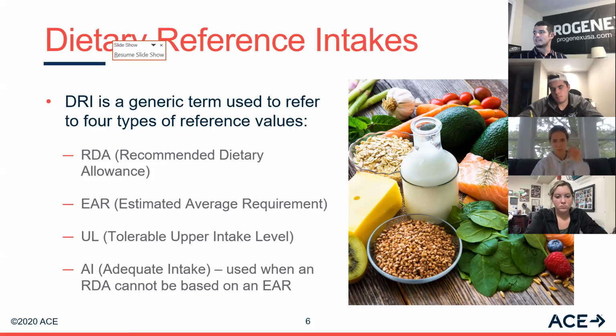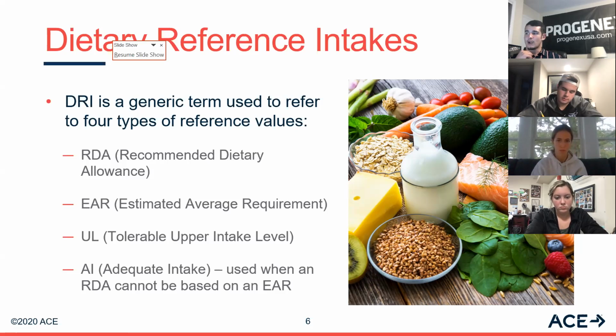All of these mean slightly different things, and you can read these in the notes of the PowerPoint, but I'll move through those just a little bit right now. So the RDA is the level of intake of a nutrient that is adequate to meet the known needs of practically all healthy persons. If your consumption level is at or above the RDA, then you almost certainly consume a sufficient amount.